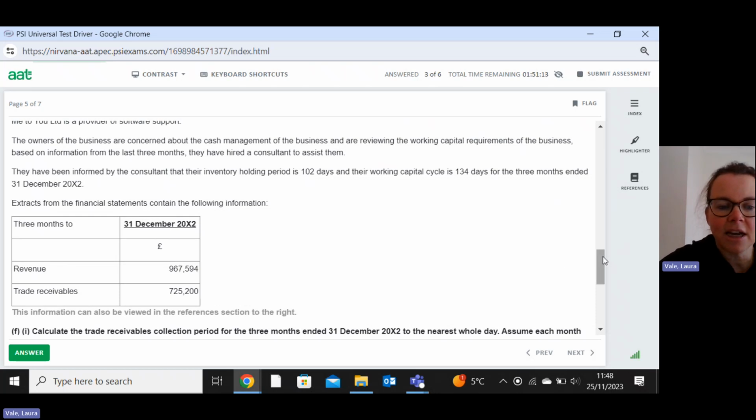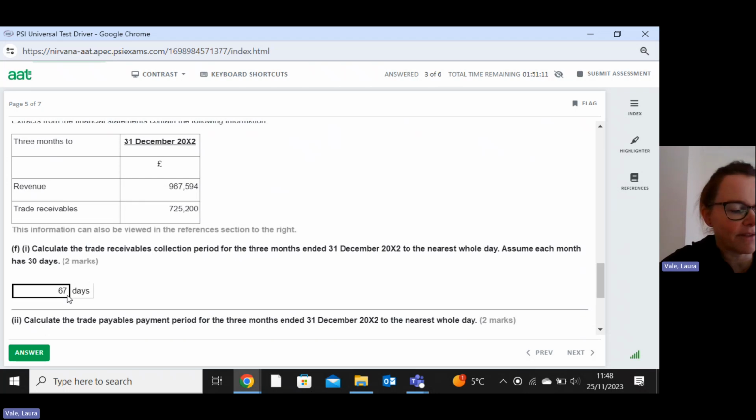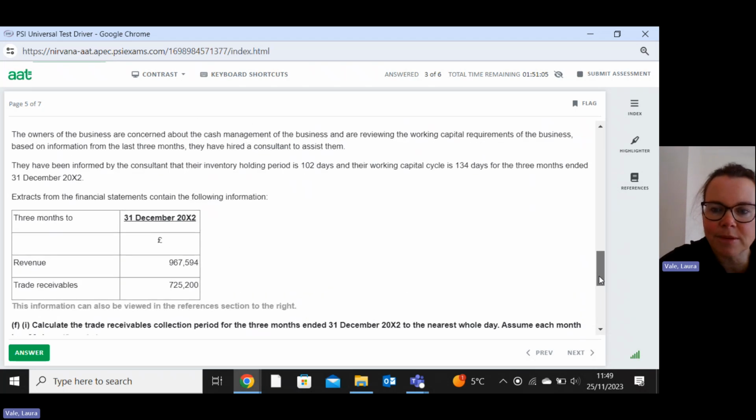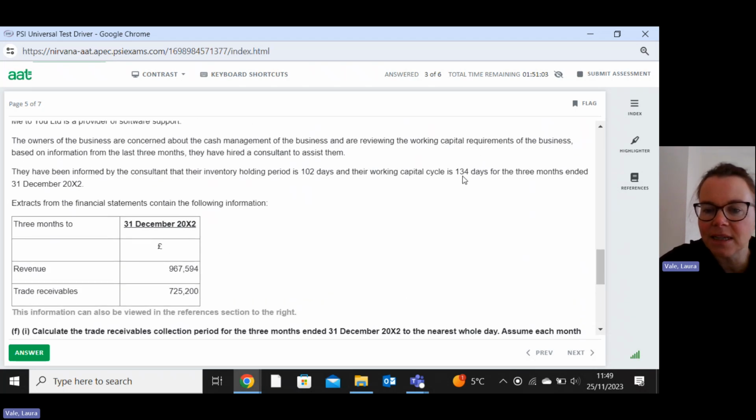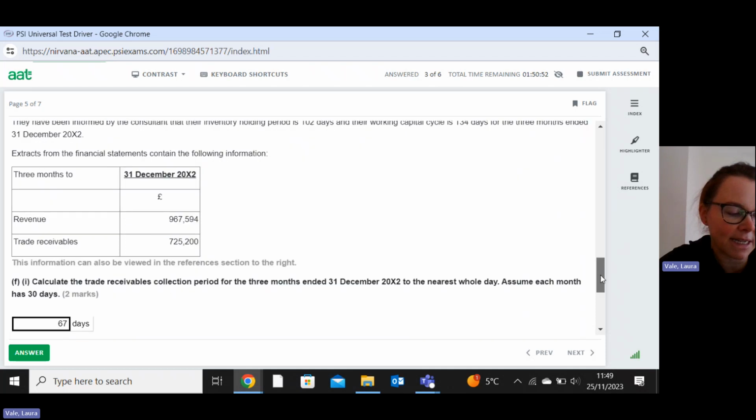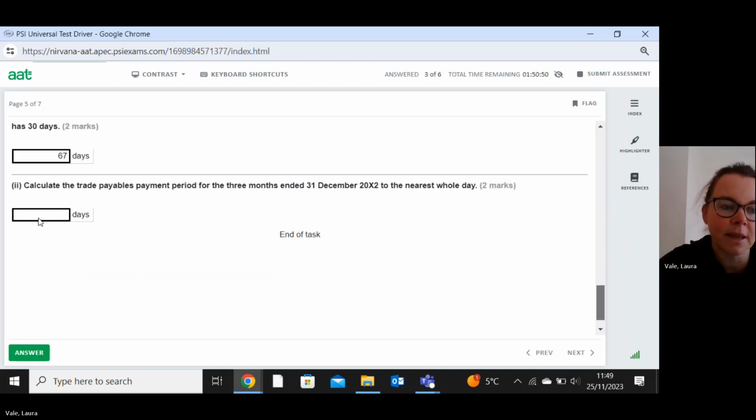So if we add the 102 to the 67 that we just calculated, and we know that we've got to subtract payable days to get to the 134, that's the working capital cycle. Right, so if we work backwards, if we do the 134 minus the 102 minus the 67, then we can work out that our payable days must be 35.